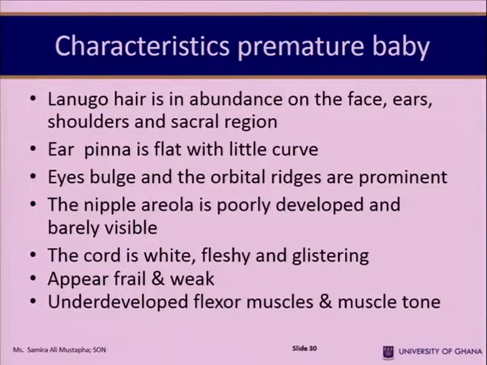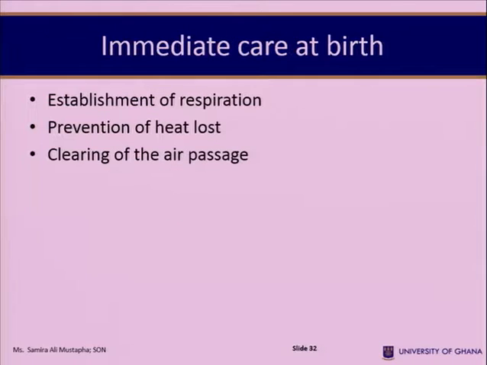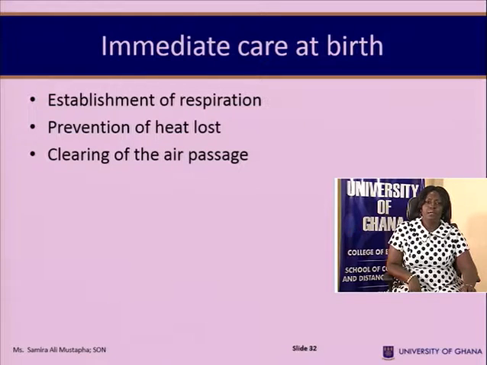Some characteristics of the premature infant, I guess you already know, but you can just read through and establish them. But in caring for the premature infant, the question is, what is our aim? Our aim is to establish that the baby breathes at birth, prevent heat loss, because when hypothermia happens it will worsen the premature infant's condition, and also clear the airway of any secretions.